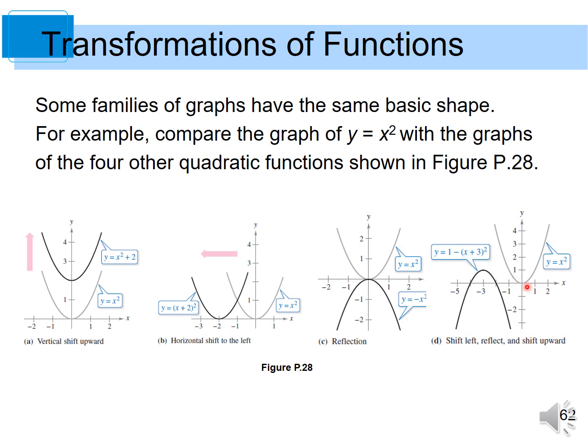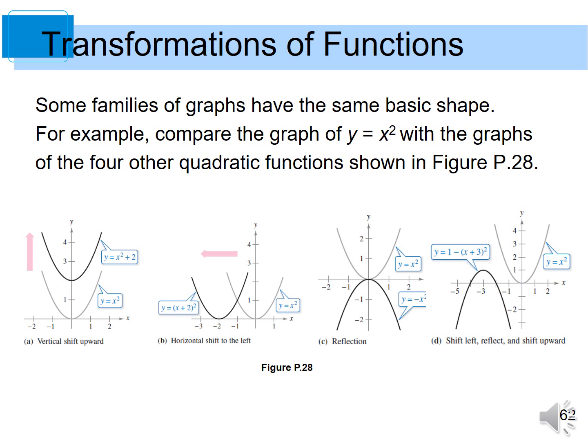So you move this curve to the left side by 3 units. So the vertex point will be here, and the second operation will be the negative sign, so reflection about the x-axis.